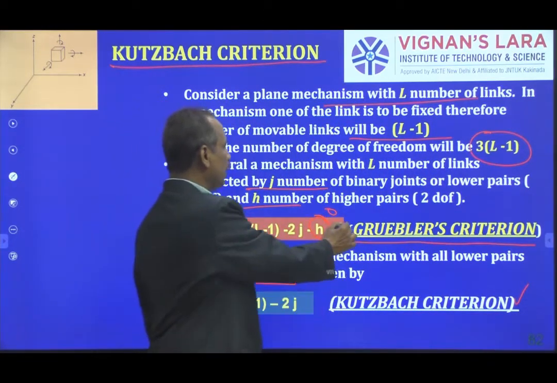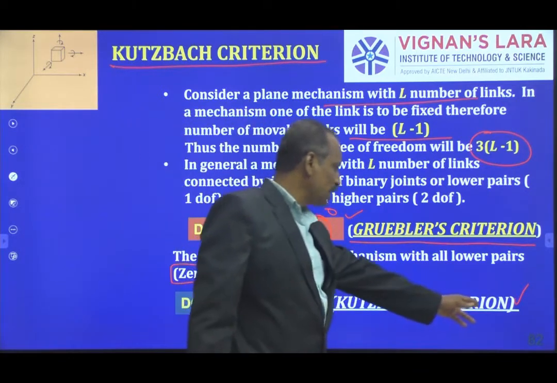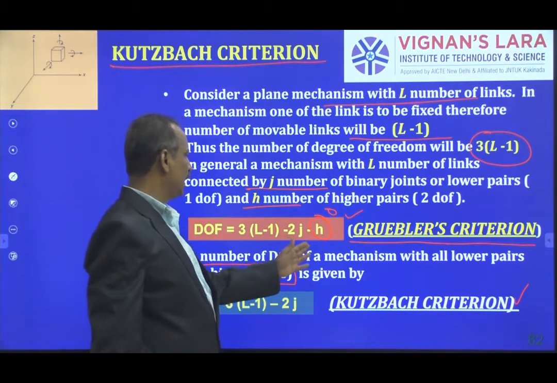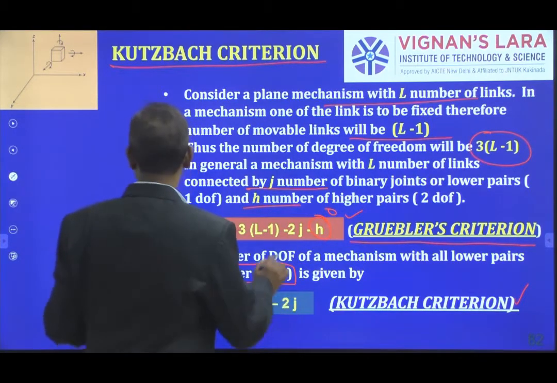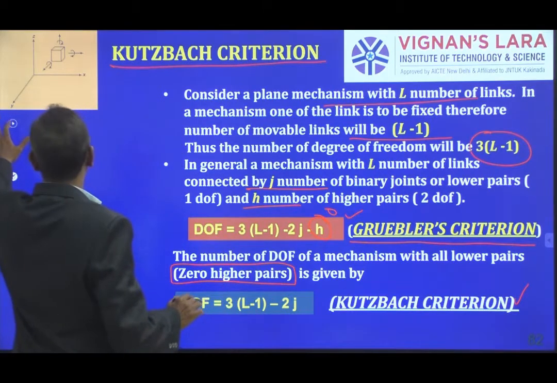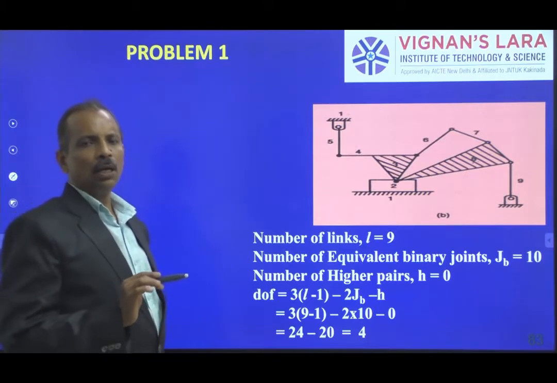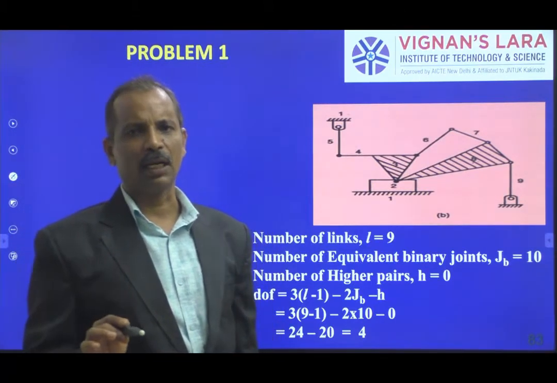So Grubler's criteria will consider both higher pairs and lower pairs, whereas Kutzbach's criteria will consider only lower pairs, saying there is no higher pair, H equal to 0. So this is what degrees of freedom relate to in 2D mechanisms or planar mechanisms.